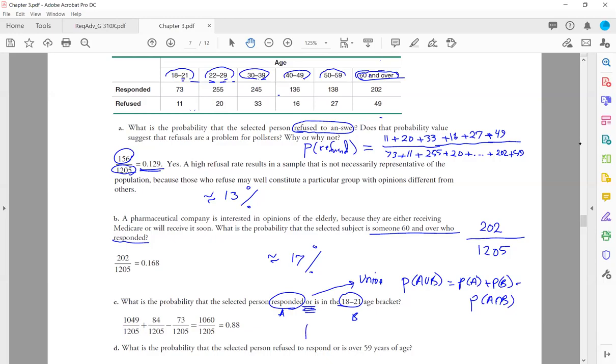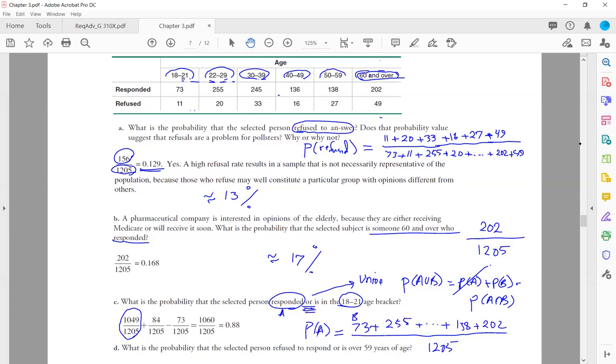So the probability of responded is the sum of all of these numbers, 73, 255, plus dot dot dot, 138, 202, divided by the total number of values in your collection, 1205. If you add these numbers together, you get your first fraction. The probability that you randomly select a person and that person responded. So we're done with P of A.